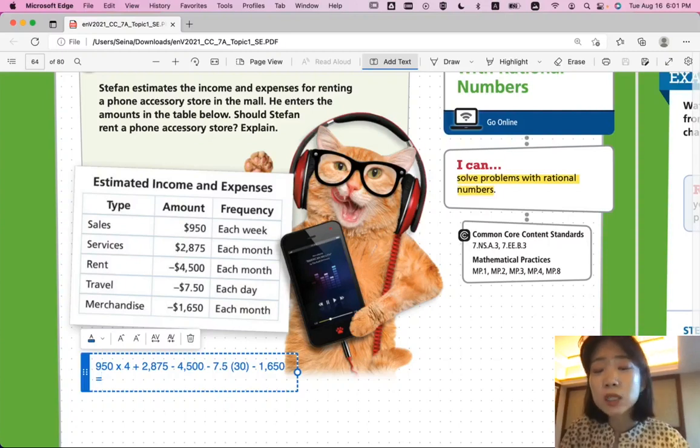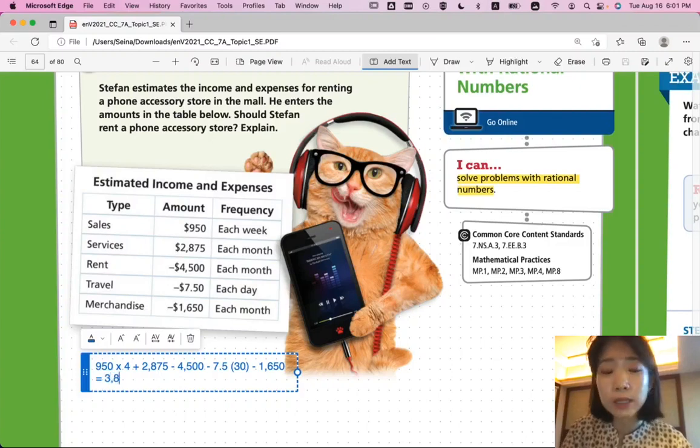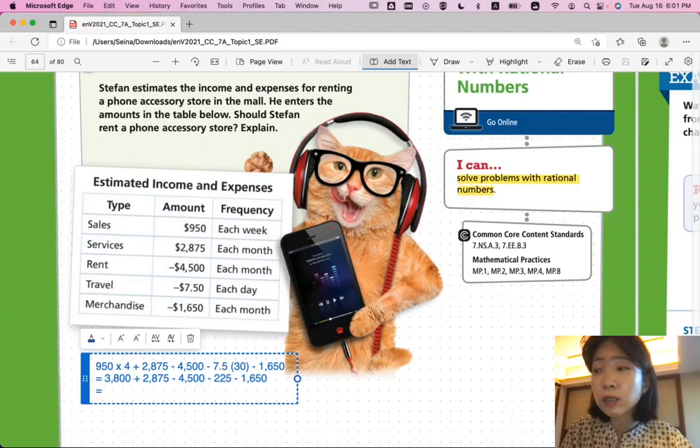So 950 times 4 is equivalent to 3,800 plus 2,875 minus 4,500, and 7.5 times 30 is 225, minus 1,650. Together, the total would be 300.